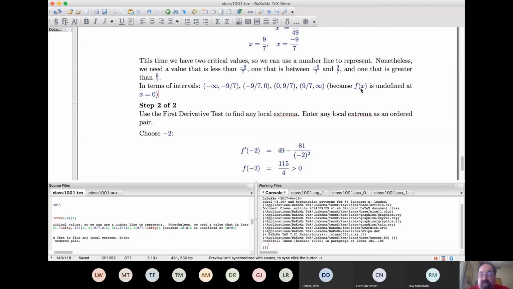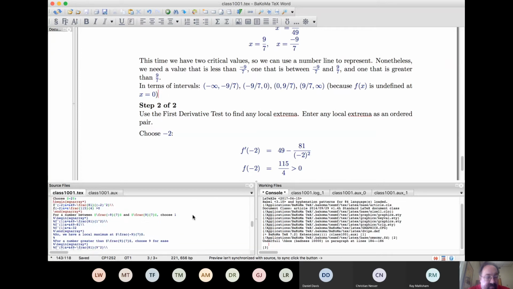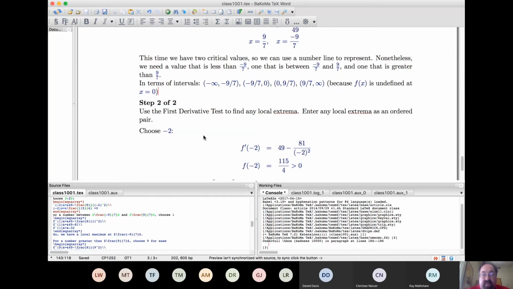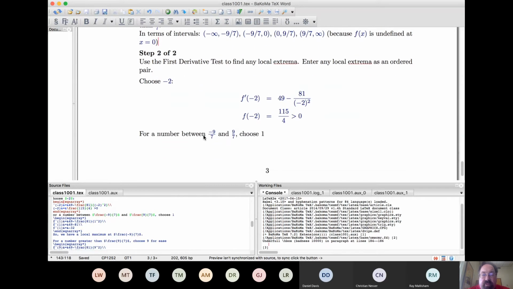So if a function itself is undefined at a point due to dividing by 0, take it into account when choosing x values. And for this problem, it would turn out to make a difference, but for other functions, it might.